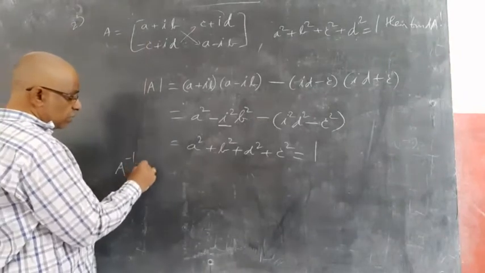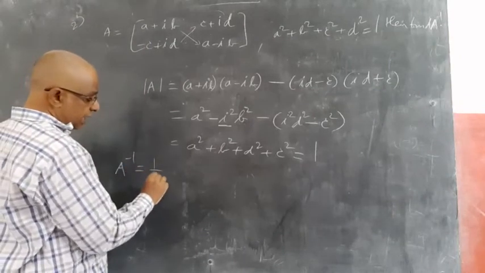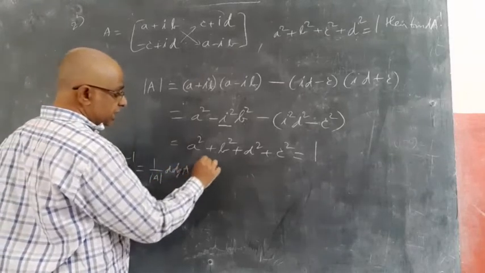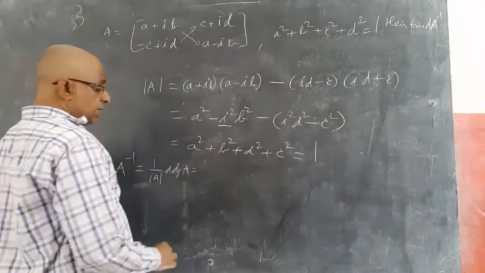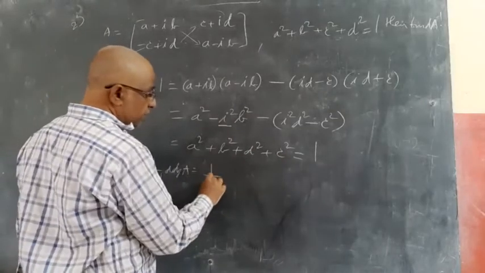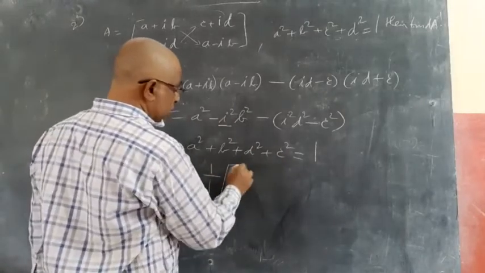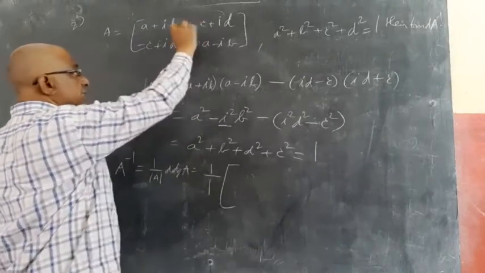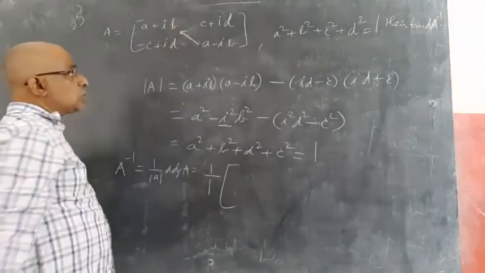A inverse equal to 1 by determinant A into adjoint A. For this I told you a shortcut. Determinant A we already found, so this is 1 by 1 into adjoint A. For a 2 by 2 matrix adjoint A, interchange these two, I told you.